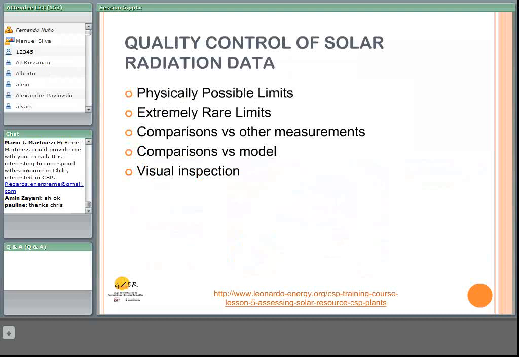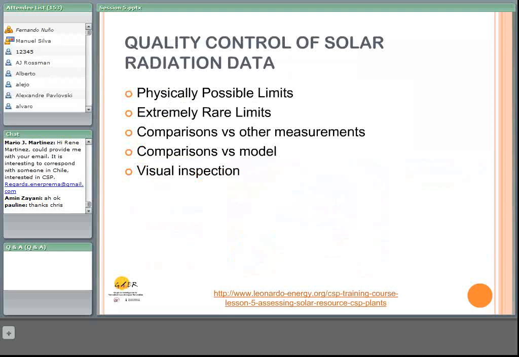For example, if you are measuring in the same station global horizontal, diffuse on a horizontal surface, and direct beam irradiance, then you can compare them, because the difference between the global and the diffuse is equal to the direct on the horizontal surface, and then by calculating the zenith angle you can calculate the direct.